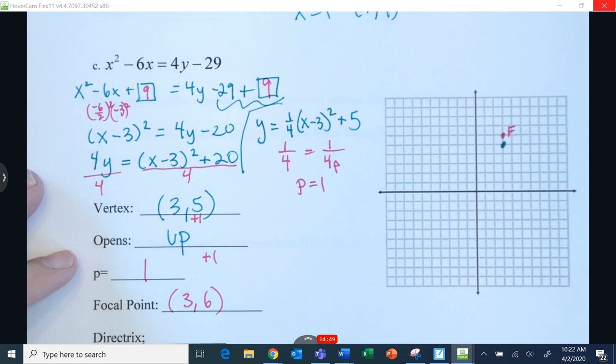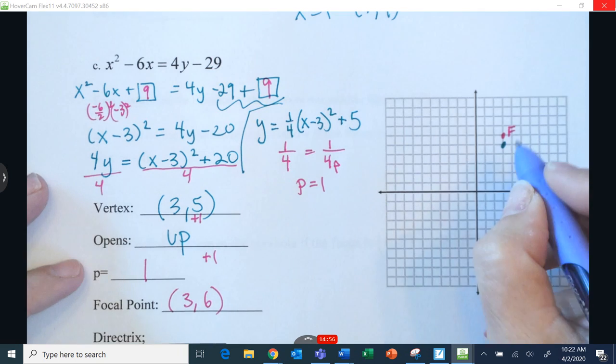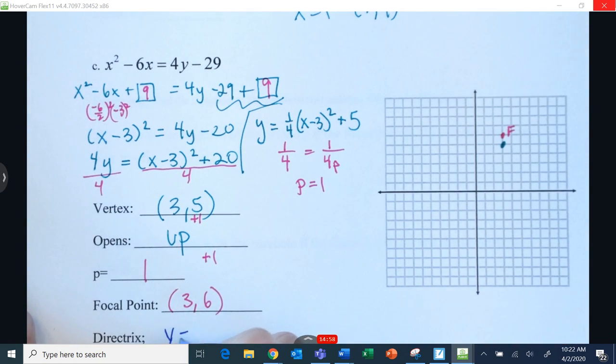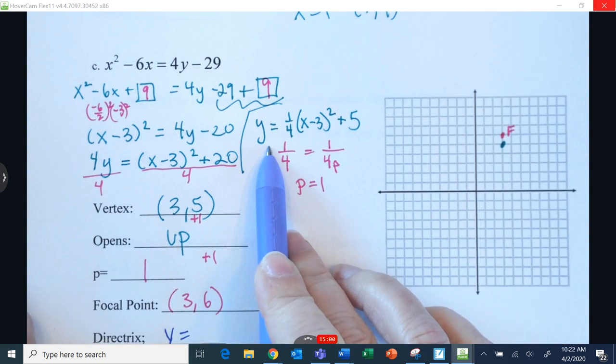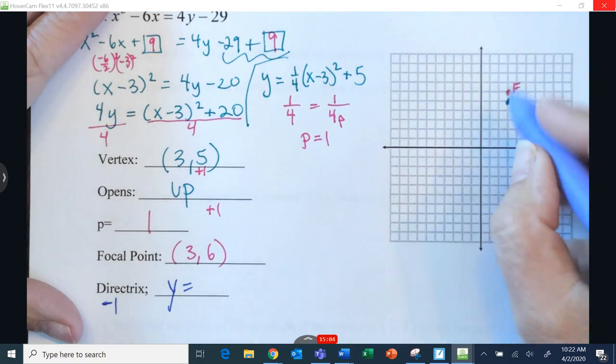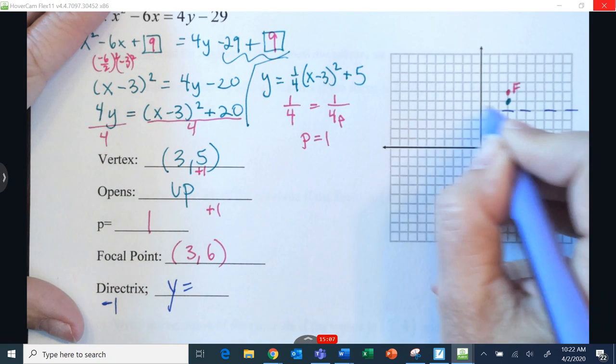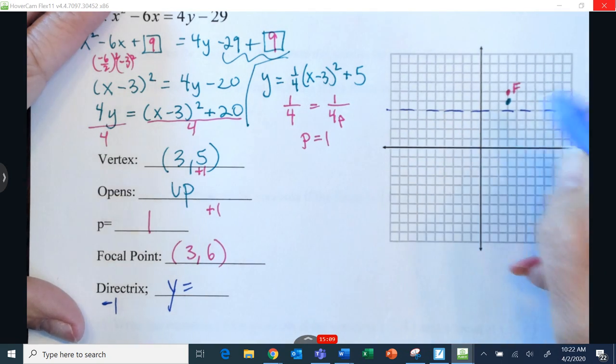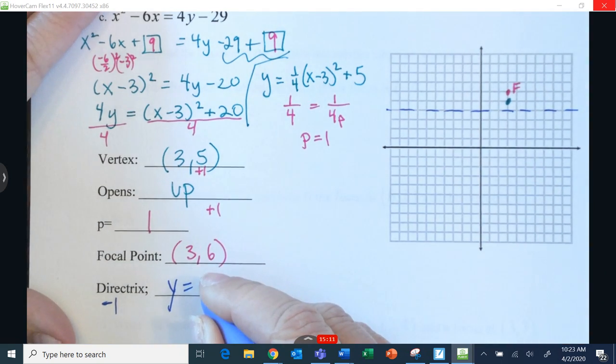The directrix is going to go in the opposite direction. So my directrix, I'm going to subtract 1, and I'm going to use y equals, because that's what the equation for this parabola is, y equals, it's going to be 1 lower, and that's going to be at y equals 4.